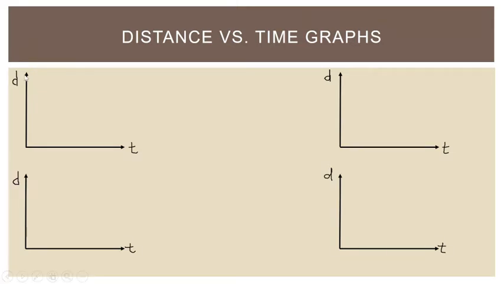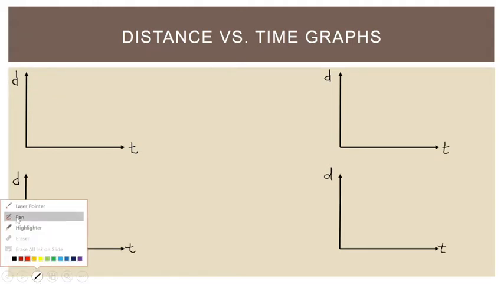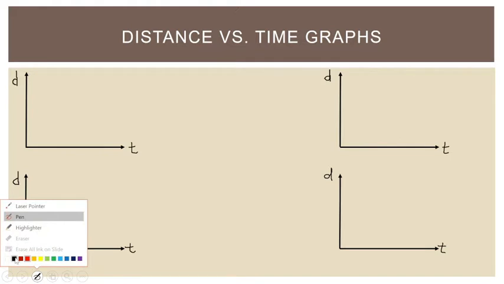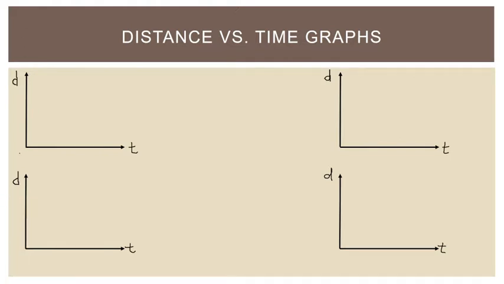For this first graph, we're going to label these before we draw them, just so we're all clear about what we're talking about. We're going to label this one number 1, this one number 2, this one number 3, and this one number 4. For the first one, we're going to draw a graph that looks something like this. So just a straight horizontal line.